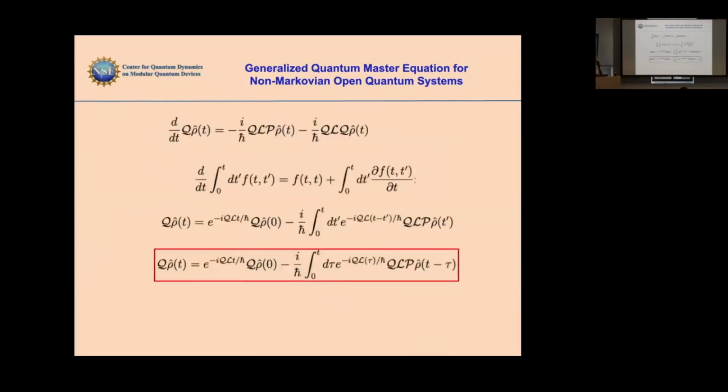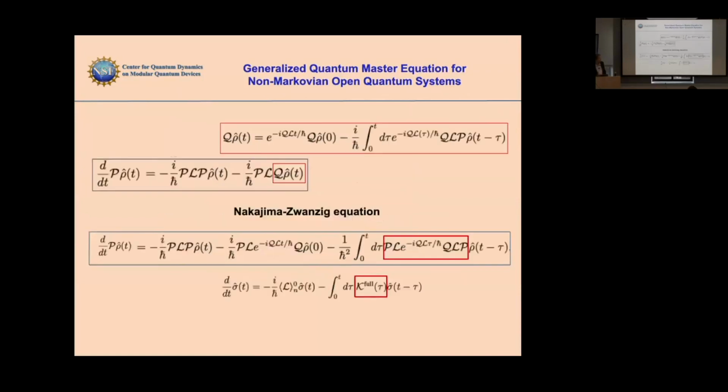We obtain an equation for the evolution of the elements of the reduced density matrix that are projected in the orthogonal space. We integrate it formally, and then substituting this into the previous equation, we get the GQME, that is the Nakajima-Zwanzig equation. So that gives us the expression of what the memory kernel is.